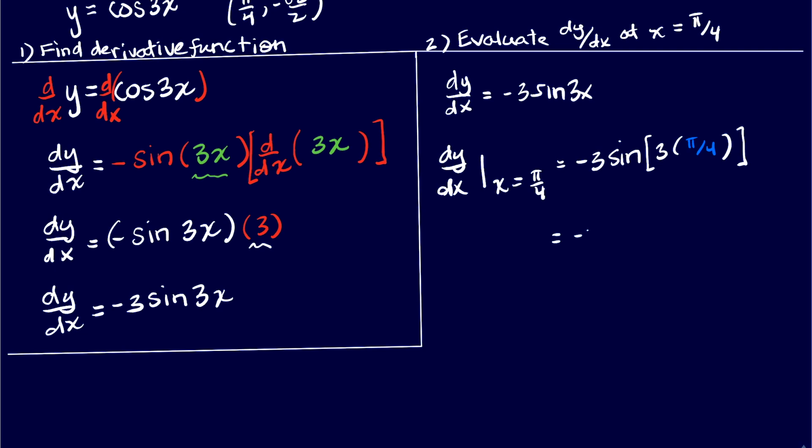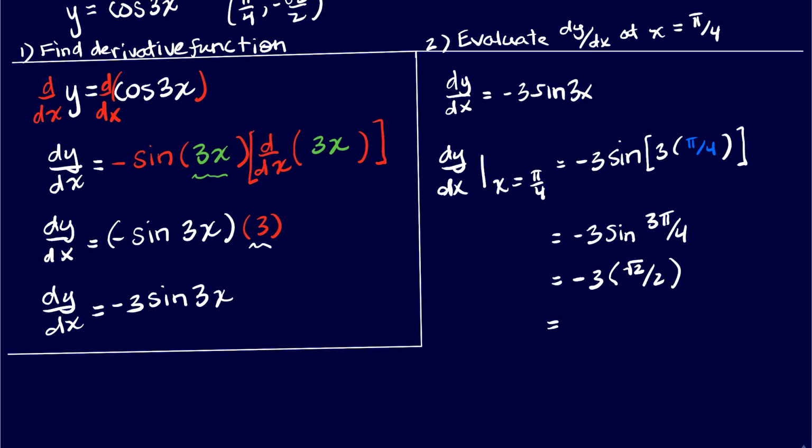this will equal negative 3 times sine of 3 pi over 4. And then using our unit circle knowledge, we know that the sine function is positive at 3 pi over 4, and so it has an output value of square root of 2 over 2.